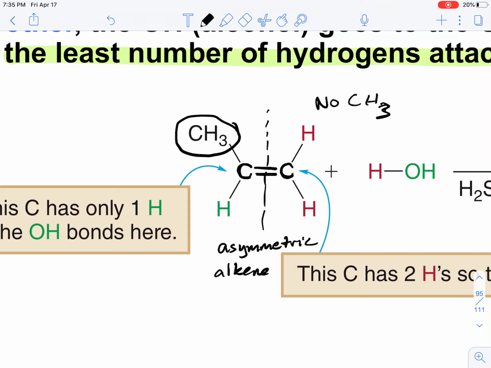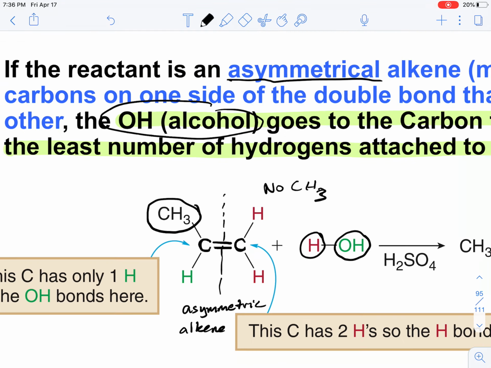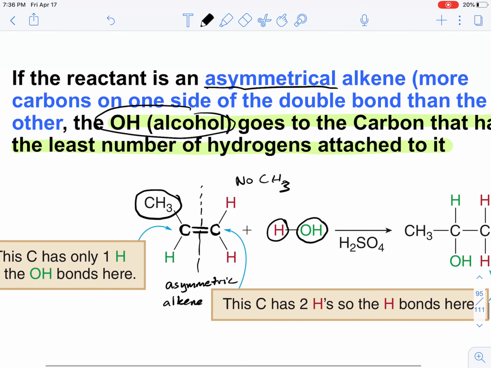And so if you have an asymmetric alkene, that's going to tell you that the addition of the OH group in water and the hydrogen in water is going to be placed in a certain fashion. Your alcohol is going to go to the carbon that has the least number of hydrogens attached to it.